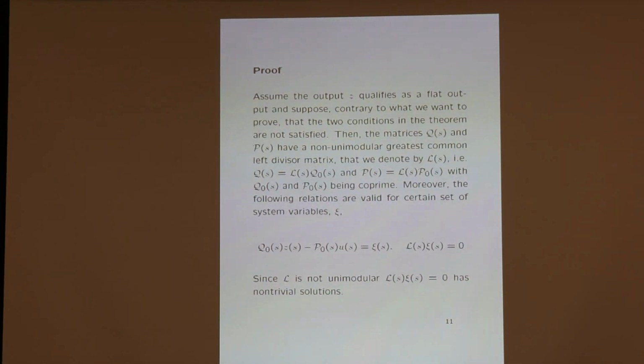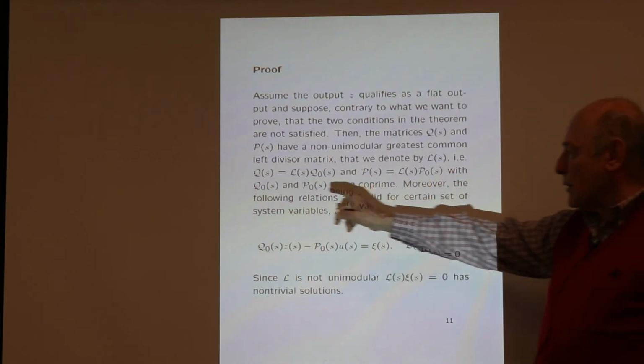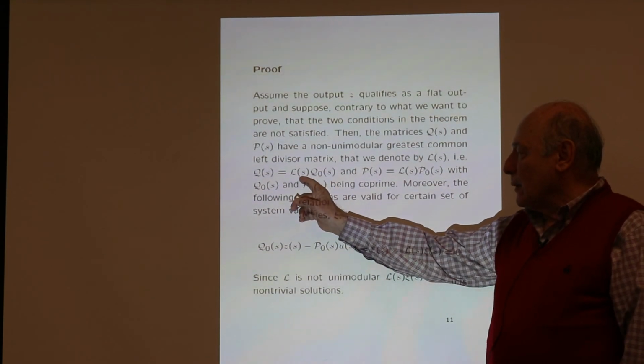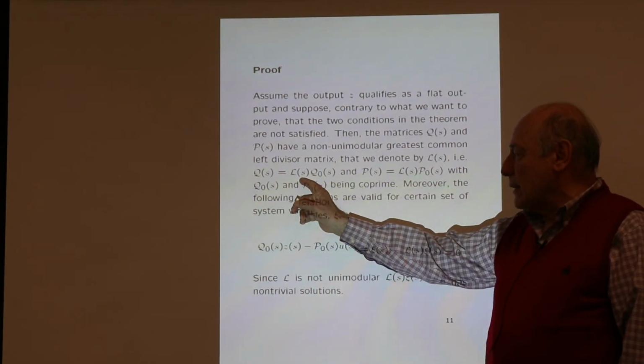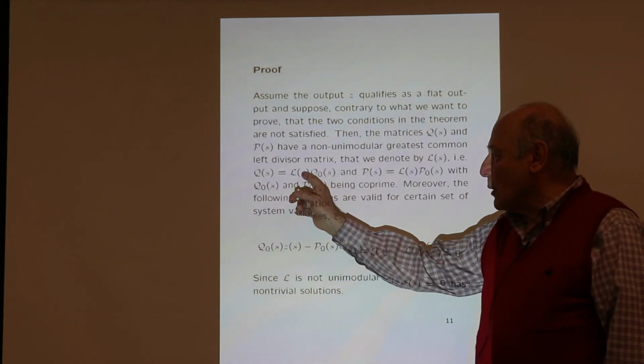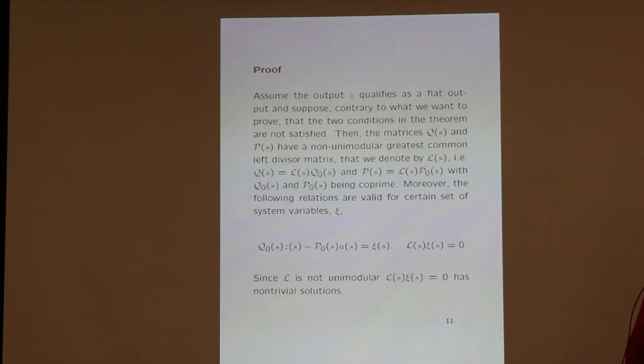We cannot get out of those two matrices a left factor that is not unimodular. So let's denote by L(s) that factor. That means that in the right coprime representation, Q will have a factor indicated by L(s). So you will be able to decompose Q as the product of L(s) and Q0, and L(s) will not be unimodular.